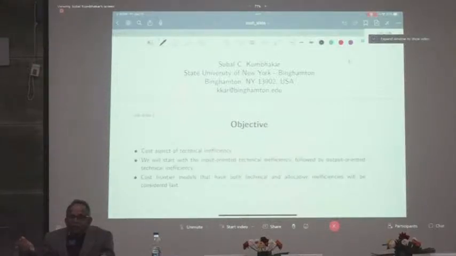Okay, so let's say when you go to a hospital, the doctors are there, nurses are there, but there is no patient, right? So I mean, your objective should be that the number of patients is outside your control. The hospital cannot control. They cannot force you to go to the hospital and get treated, right? So there are cases, this type of cases where output is exogenously determined.